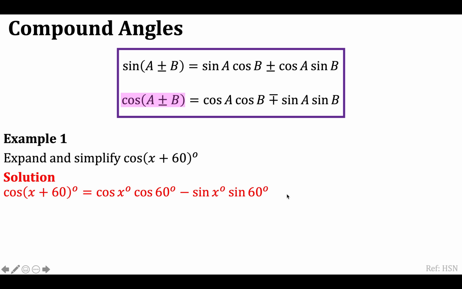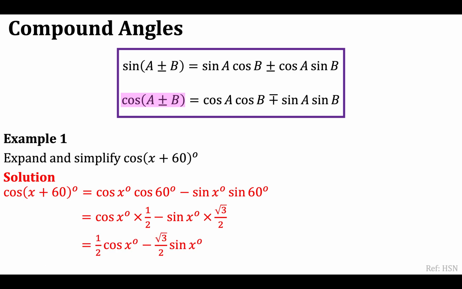So cos x times cos 60, well, we know that cos 60 is equal to a half, minus sine x, and we know that sine 60 is equal to root 3 over 2. And we can just write that more neatly, saying a half cos x minus root 3 over 2 sine x, and that's our final answer.